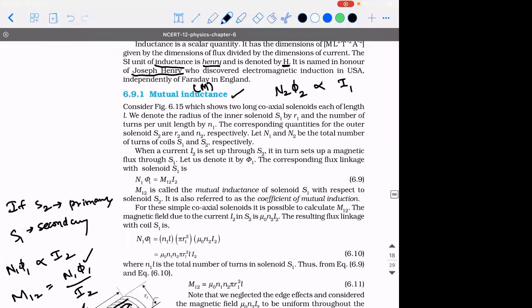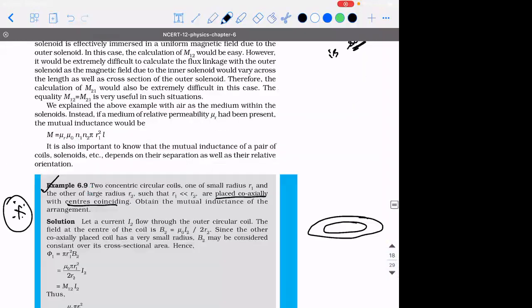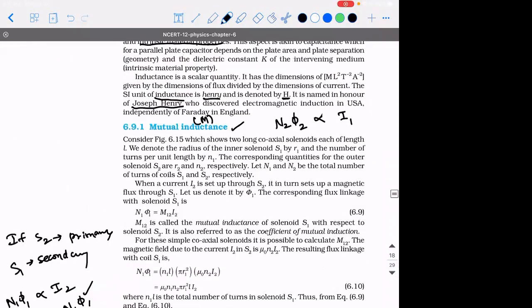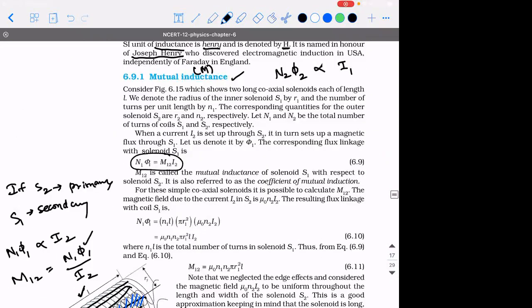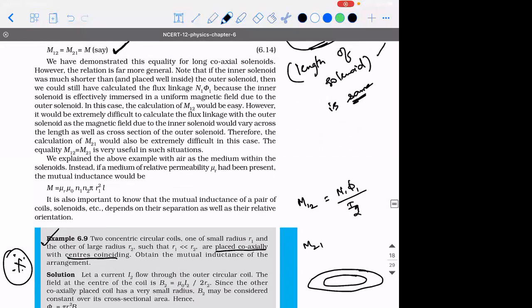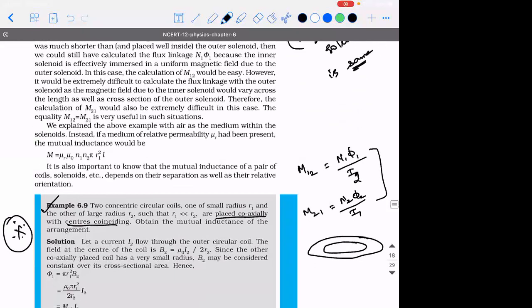What is the formula for mutual inductance? M12 is equal to N1φ1 divided by I2 and M21 is equal to N2φ2 divided by I1. Do you guys remember this?